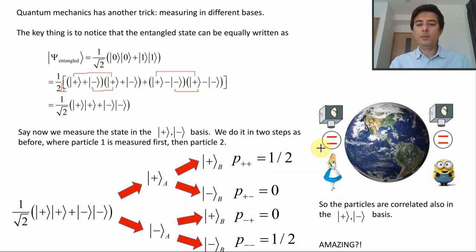When Alice gets plus, Bob gets plus. When Alice gets minus, Bob gets minus. They never get the outcomes where Alice gets plus and Bob gets minus, or Alice gets minus and Bob gets plus. The probabilities of those are 0.